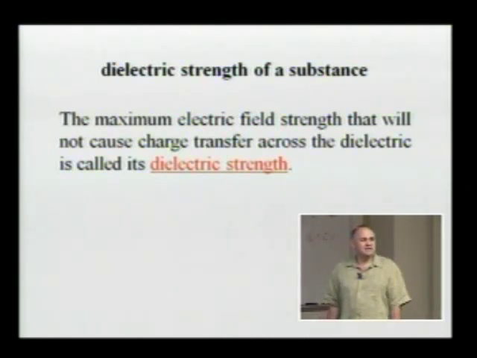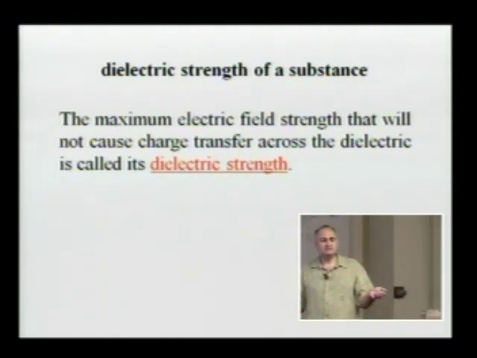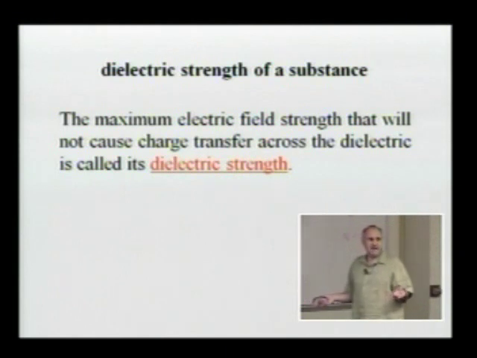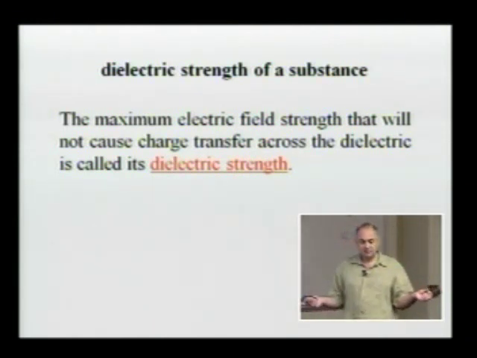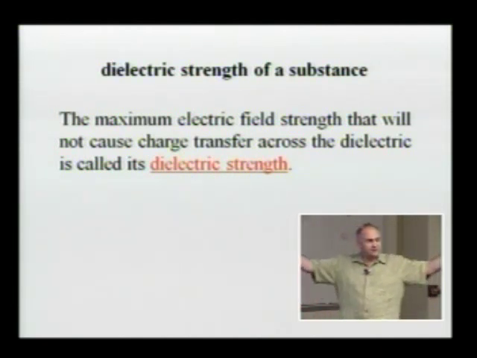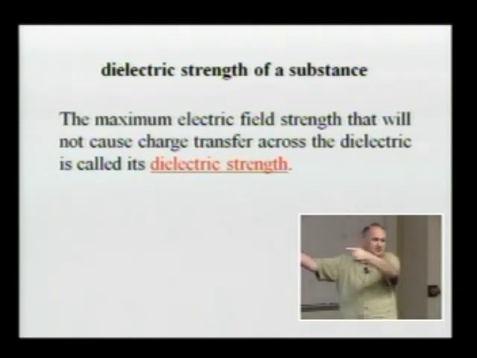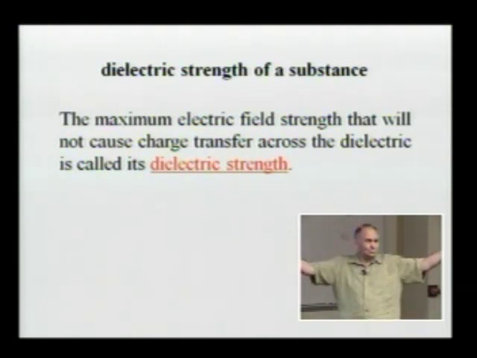A breakdown of the dielectric happens when the dielectric stops being an insulator and allows current to flow. So, for example, dry air has a dielectric strength of 1,000,000 volts per meter. So, if the potential difference between this point and this point, which is about 1 meter, is 1,000,000 volts, we will get a spark from one hand to the other hand.